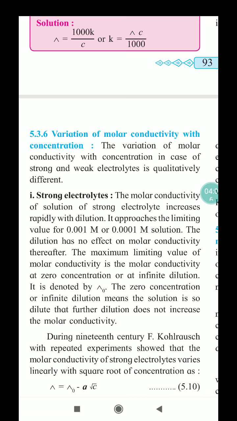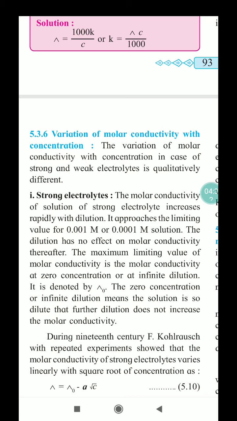It approaches a limiting value for 0.001 molar or 0.0001 molar solution. The dilution has no effect on molar conductivity thereafter. This point is to be noted.